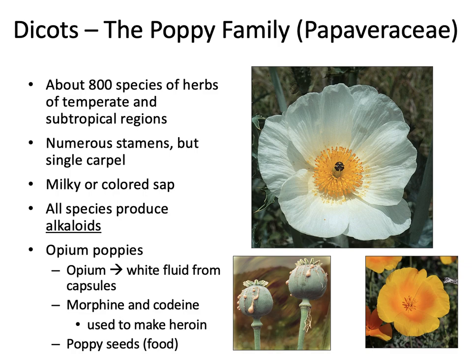From that opium poppy, morphine and codeine are produced, and we can also use those flowers to produce the illegal drug, which is heroin. So that's some history there on the opium poppy. Interestingly, these poppy seeds themselves are legal and edible to eat because they don't contain that powerful drug. Of course, in California, our state flower is the California poppy, which belongs to this family.